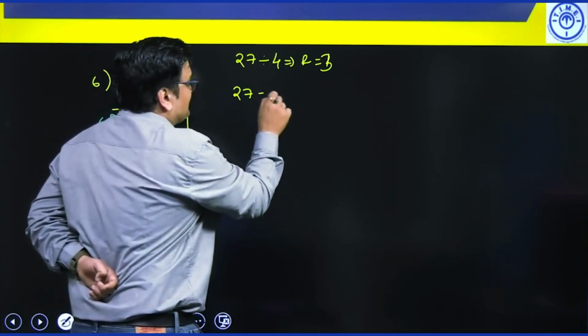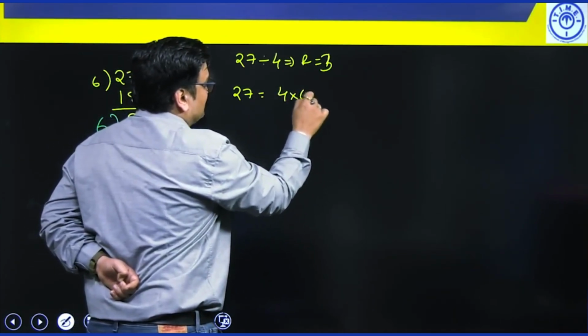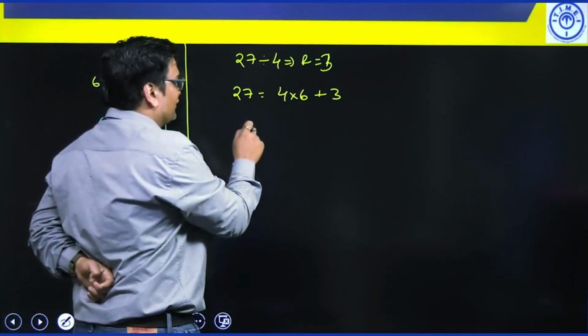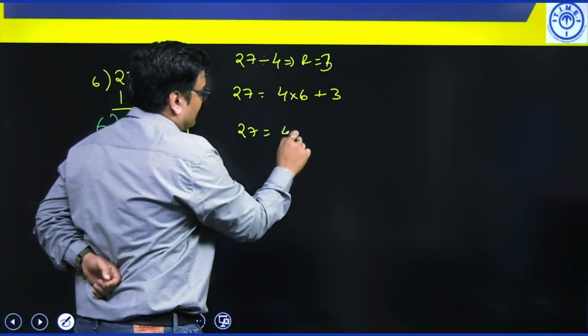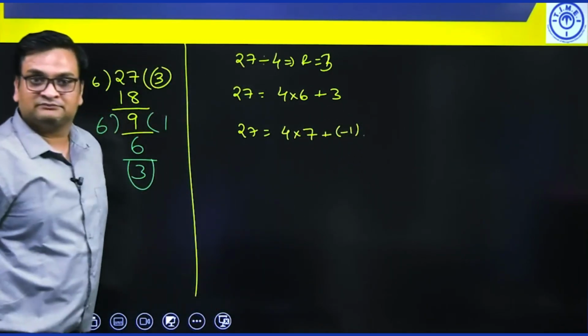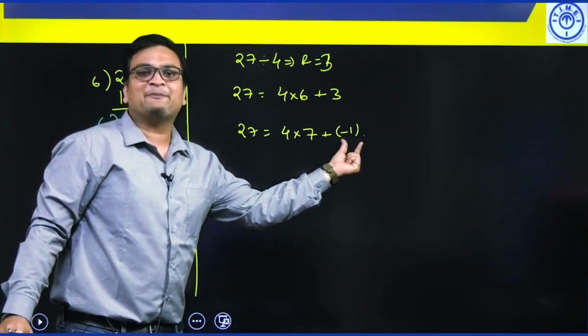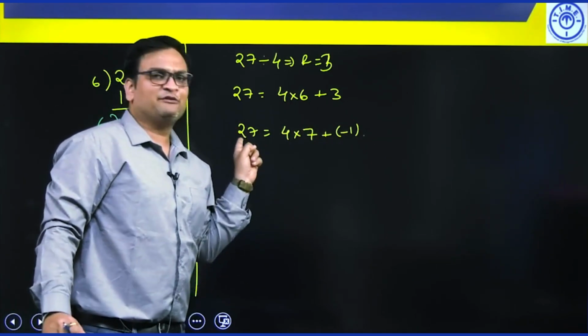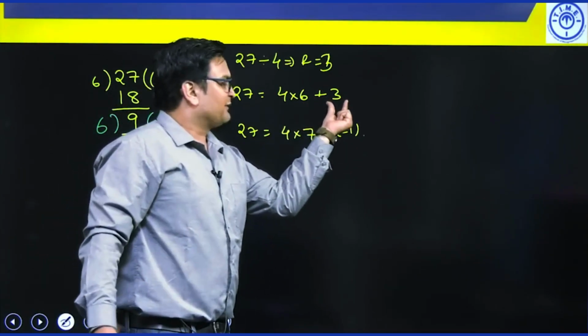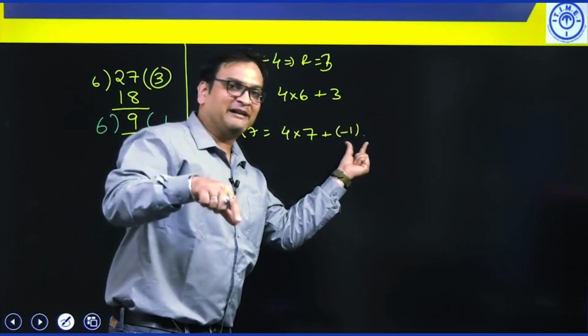So, can I write dividend is equal to divisor into quotient plus remainder. But can we also write 27 as 28 plus minus 1, which is 28 minus 1, will give you 27 again. So, the same 27 can be written with a remainder of plus 3 or a remainder of minus 1 also.